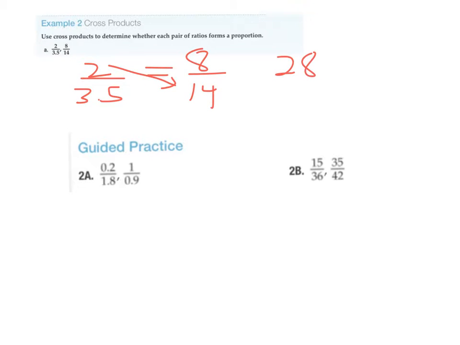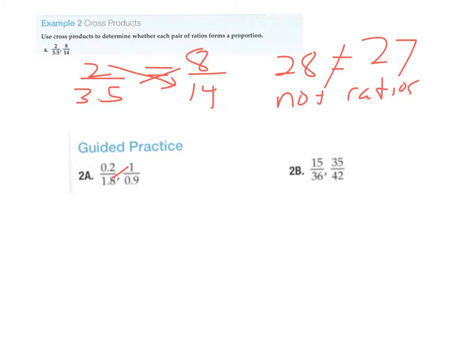So if I take 2 over 3, we want to know if they're equal. I'm going to take 2 times 14, which is 28, and I want to know, is that equal to 8 times 3.5? Well, that equals 27, I believe, and they're not equal, so they're not equivalent ratios. We can go through and do the same thing for each of these.